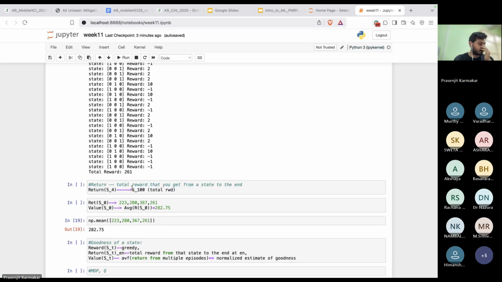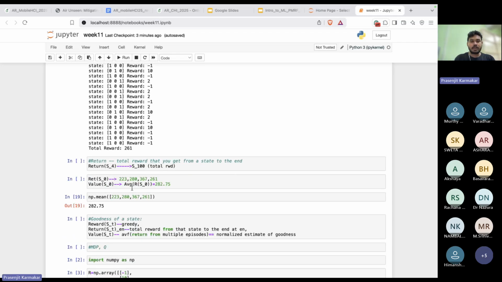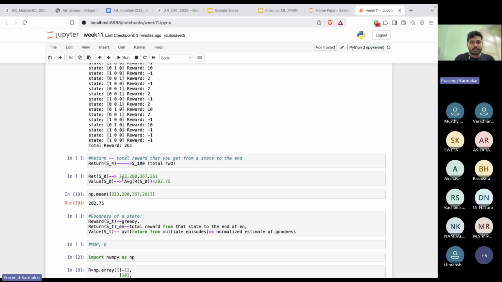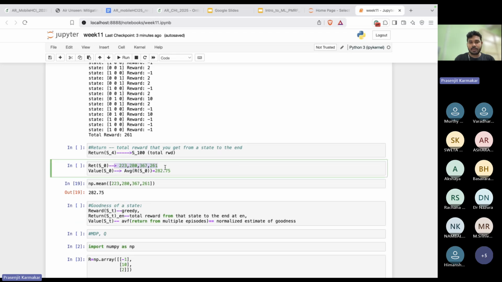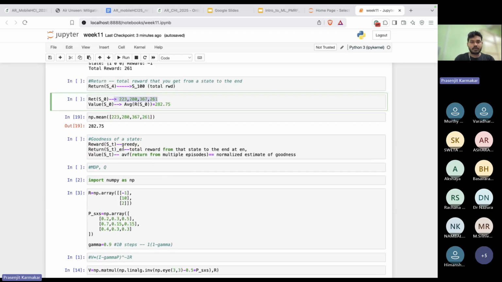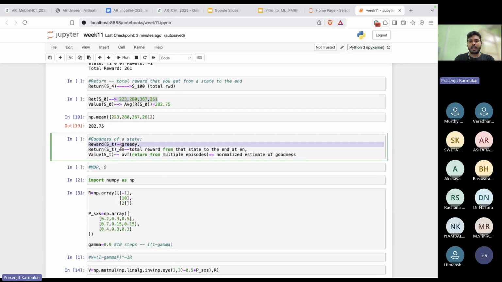So yeah, something like this. You can have multiple possible return values from a state. You just take the average, and then you get a value, right? Now, in terms of goodness, how can we quantify these values? Reward is greedy, so you look into only one step, right?